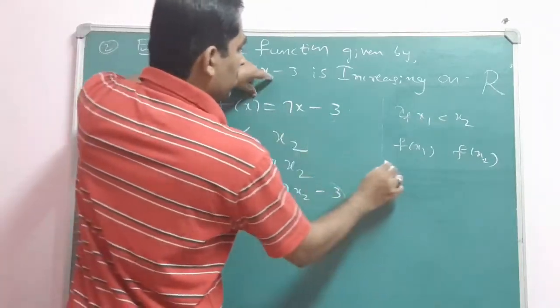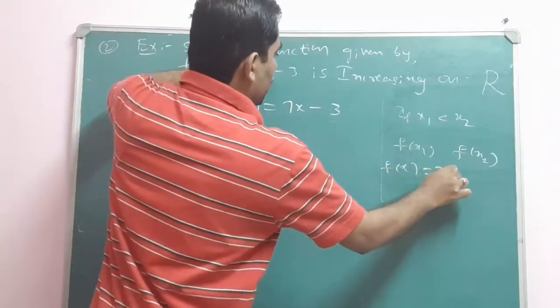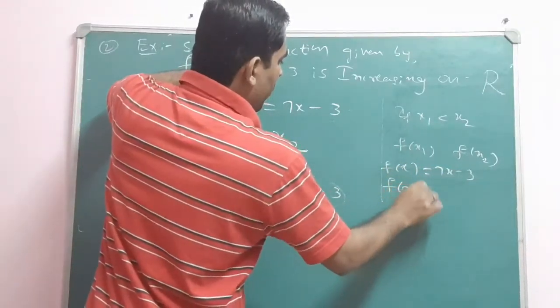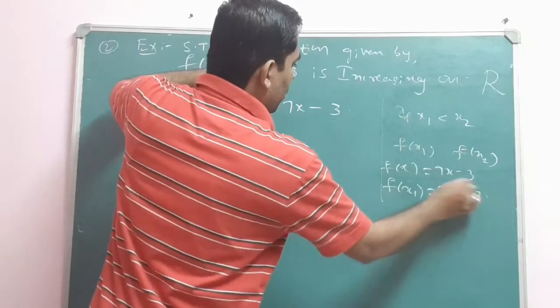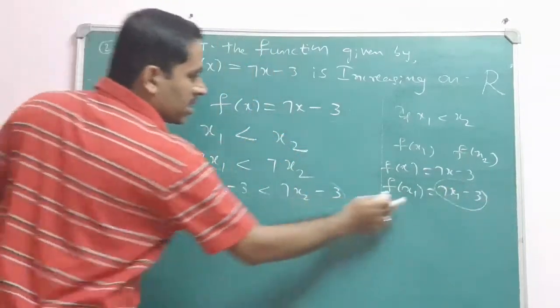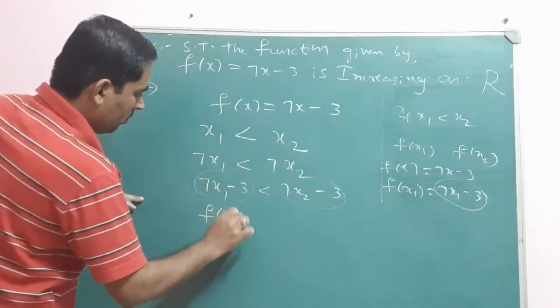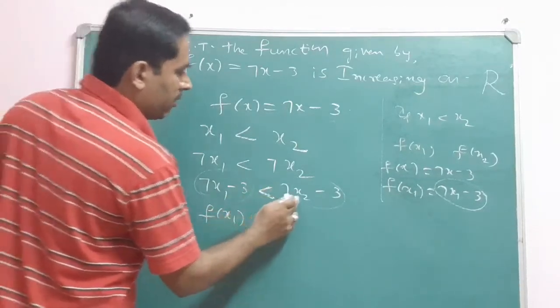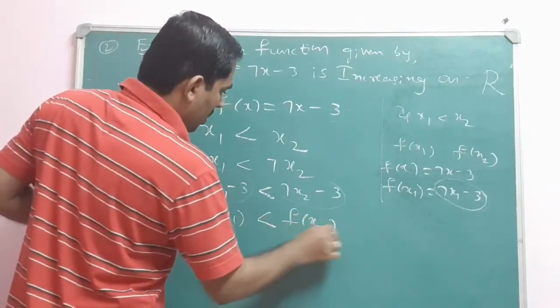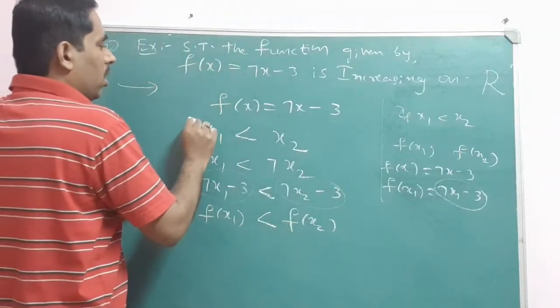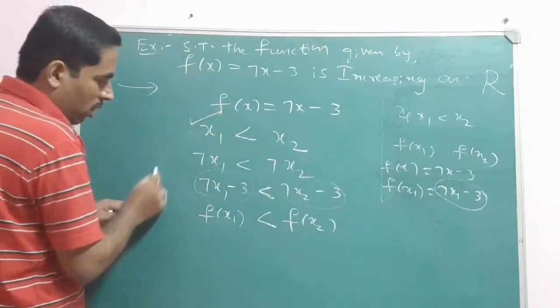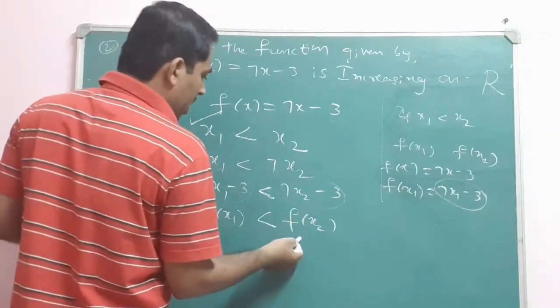See, f of x is 7x minus 3. Then f of x1 is what? Replace x by x1: 7x1 minus 3. So 7x1 minus 3 is nothing but f of x1, less than 7x2 minus 3, which is nothing but f of x2. So if x1 is less than x2, then we have shown f of x1 is less than f of x2.